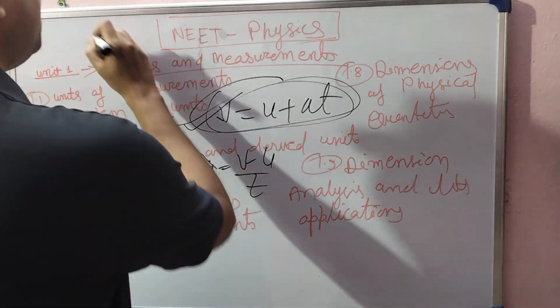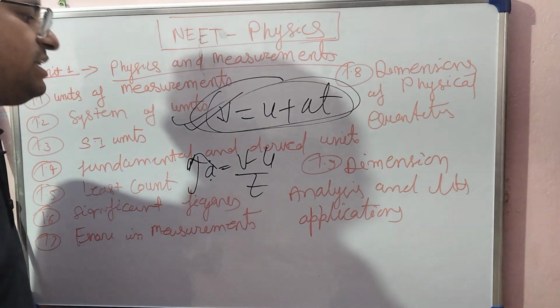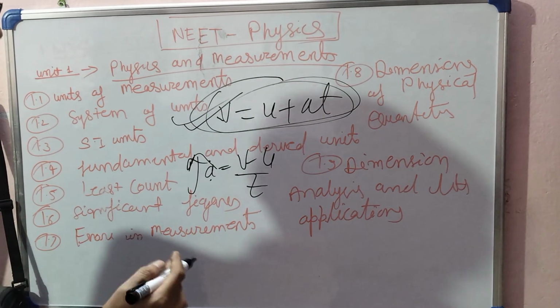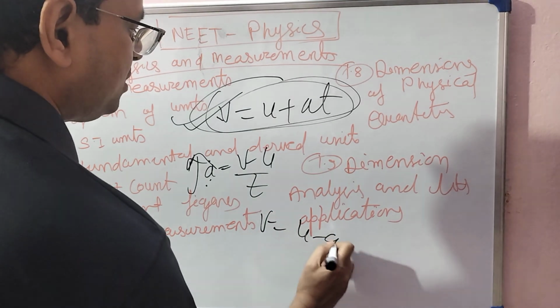This is the first equation of motion, v equals u plus at. Okay, you know. Then there is the formula v equals u minus at.